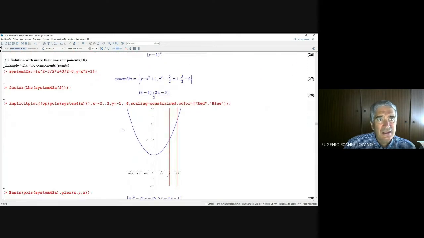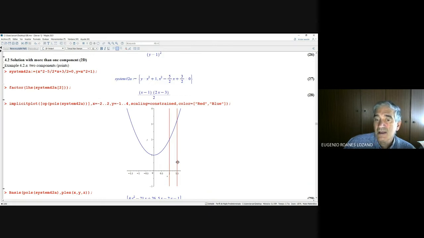Sometimes the solution can have more than one component. In this case, we are intersecting this parabola with this couple of lines. So it's not a system of three equations. We are not asking to be at the same time in the two lines and the parabola, but to be at the same time in the parabola and in the couple of lines.